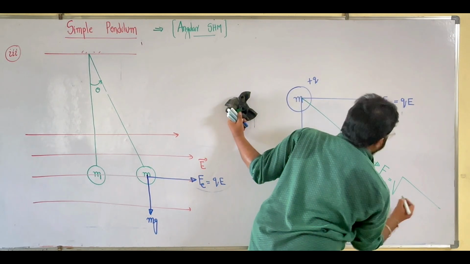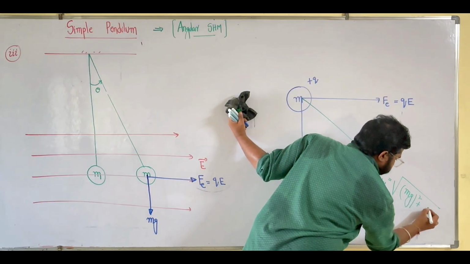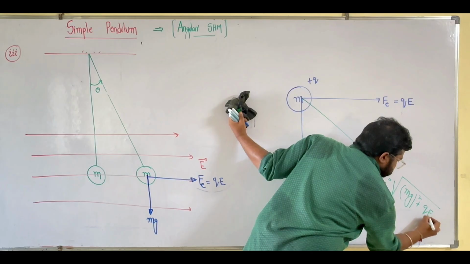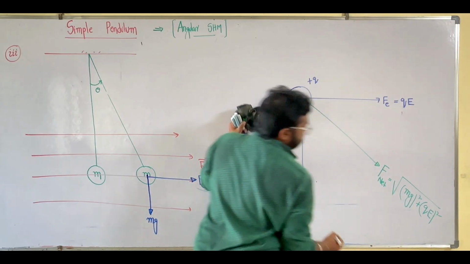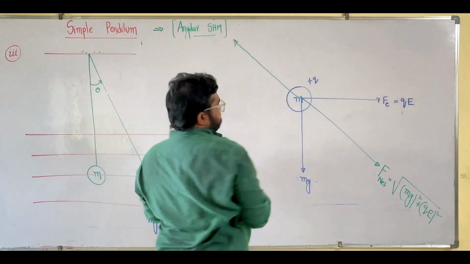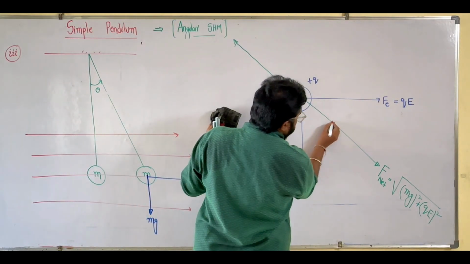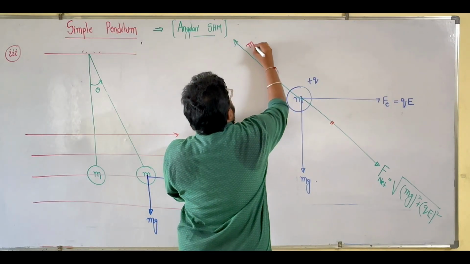Square root of mg whole square plus QE whole square. This is balanced by whom? By mg effective.